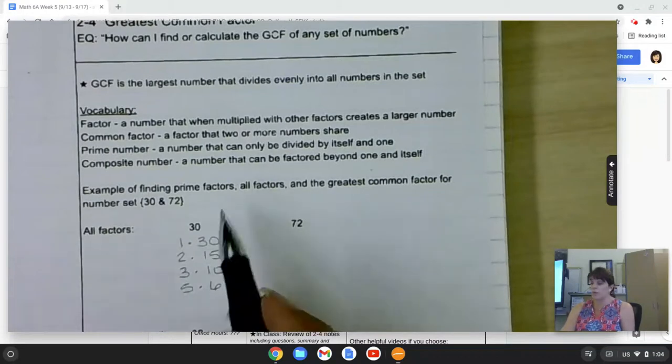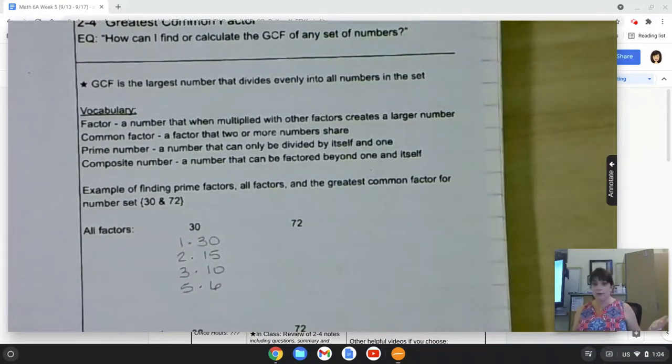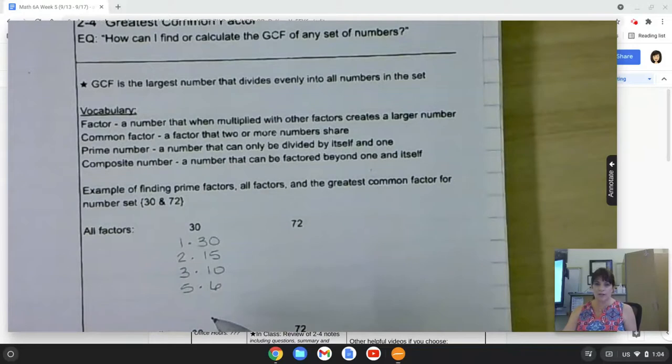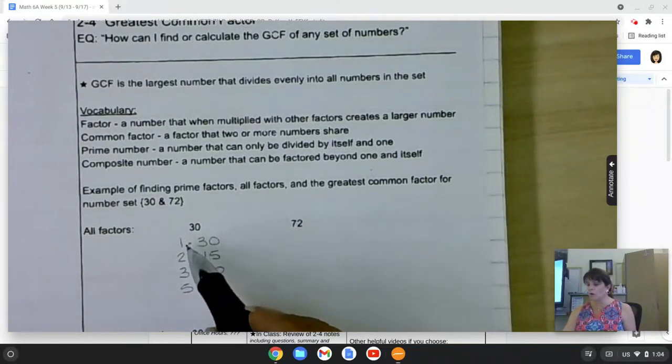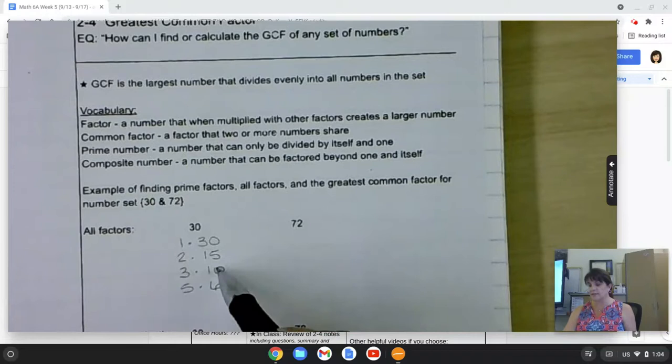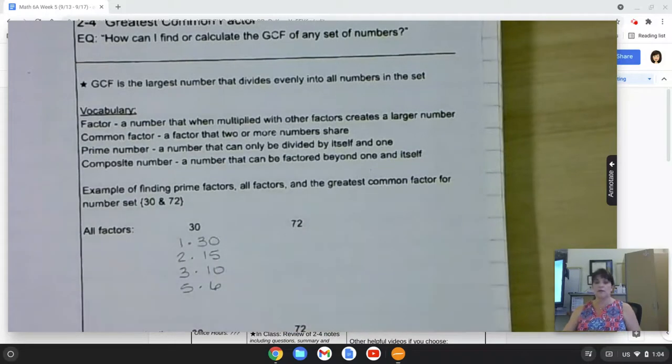And that's it. That's all the ways you could make 30 using multiplication, okay? So all of the factors of 30 are 1, 2, 3, 5, 6, 10, 15, and 30. That's all the factors that are possible.